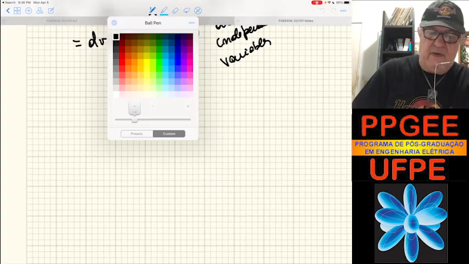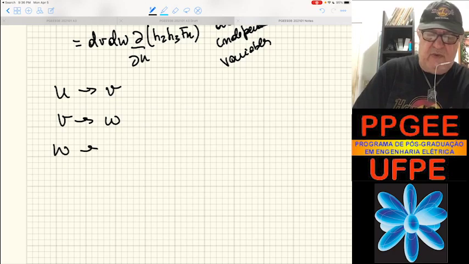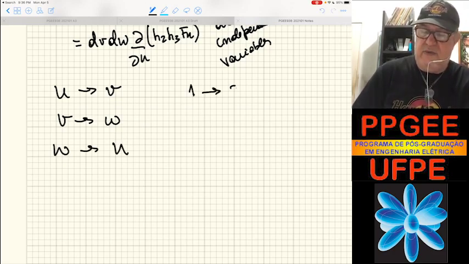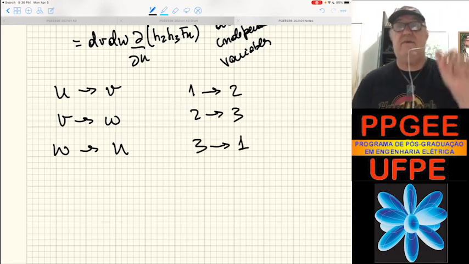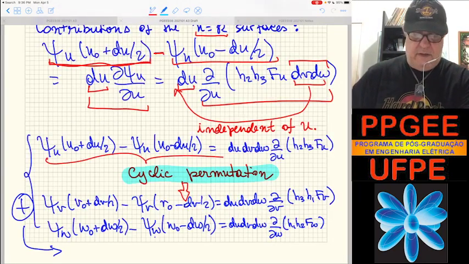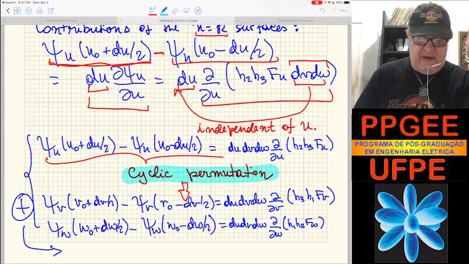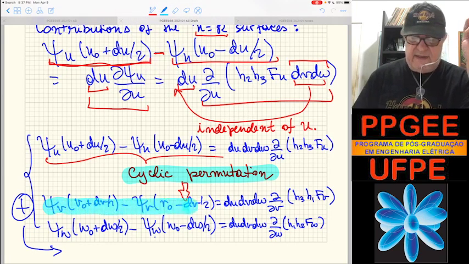You know, you go like this: u goes to v, v goes to w, w goes to u, 1 goes to 2, 2 goes to 3, and 3 goes to 1, and so on. So to calculate the contributions of the v constant surfaces outward, it's going to be the same thing.